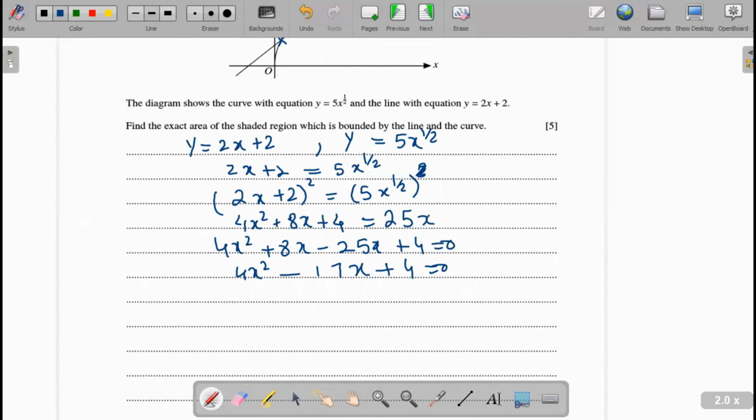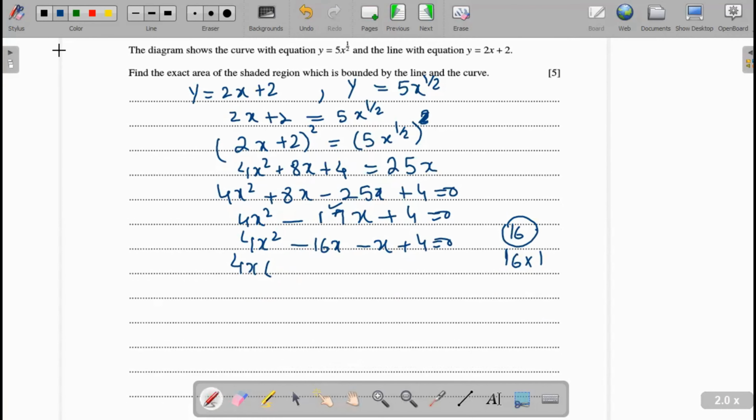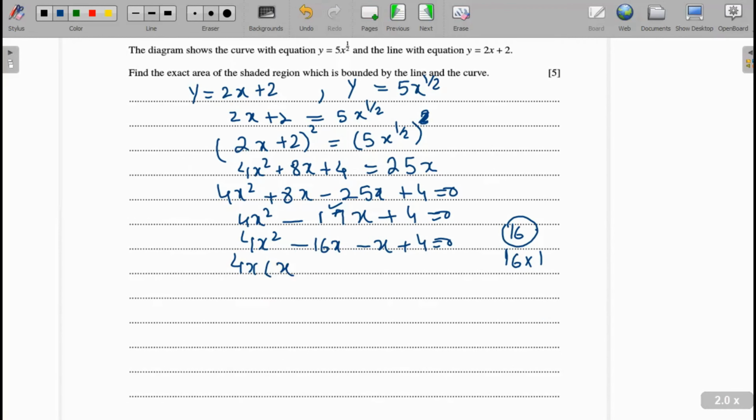Now breaking the middle term of 17 into 16 and 1: 4x squared minus 16x minus x plus 4 equals 0. Taking 4x common from the first two terms, 4x(x minus 4) minus 1(x minus 4) equals 0, so (x minus 4)(4x minus 1) equals 0.